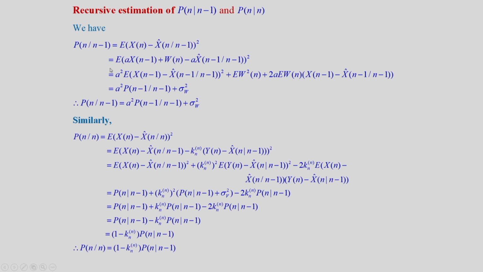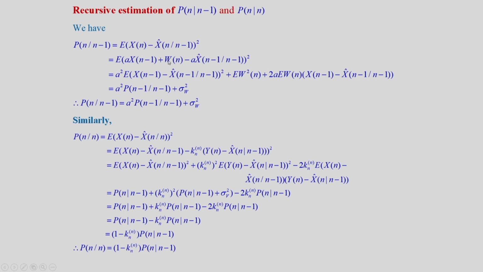Therefore, we can write P of n given n minus 1 is equal to E of (a x_(n minus 1) plus w_n minus a x hat n minus 1 given n minus 1). Now, this a we can take common and there will be x_(n minus 1) minus x hat n minus 1 given n minus 1. So, that way we can write a square times E of (x_(n minus 1) minus x hat n minus 1 given n minus 1) whole square, that is the first term.